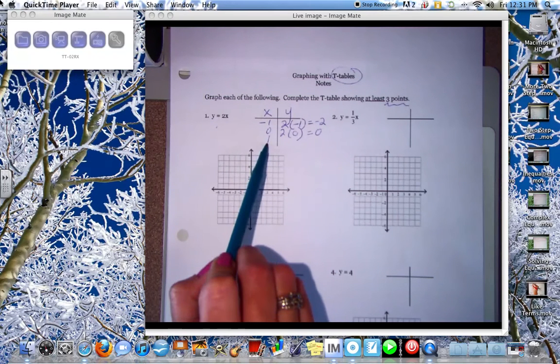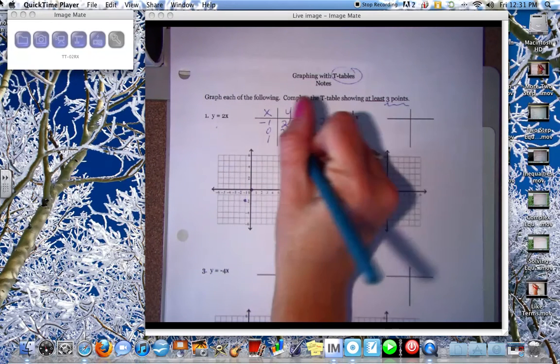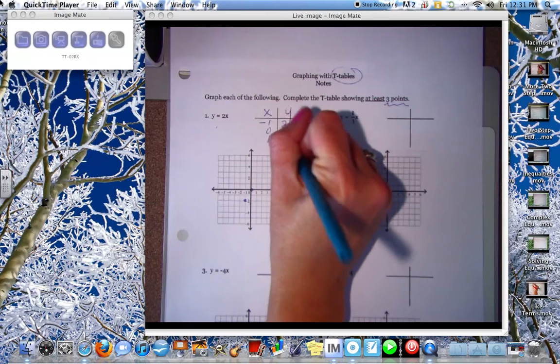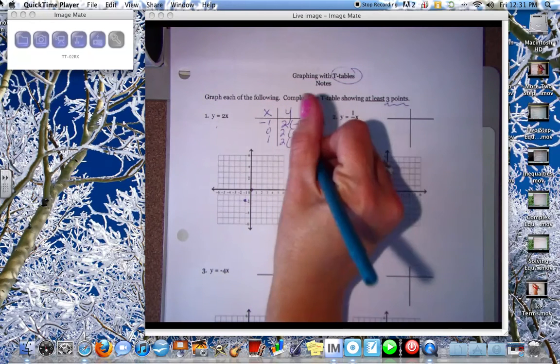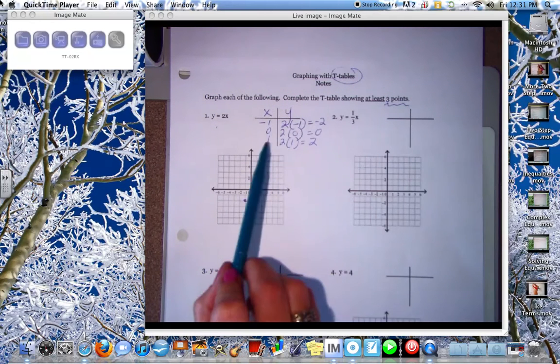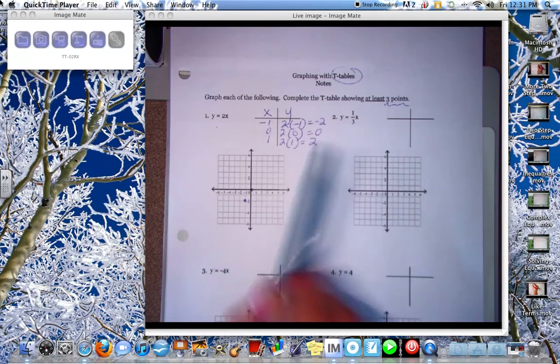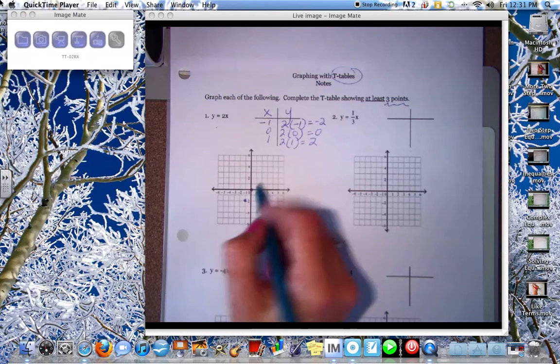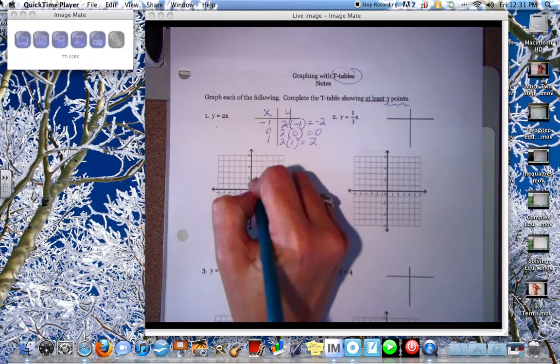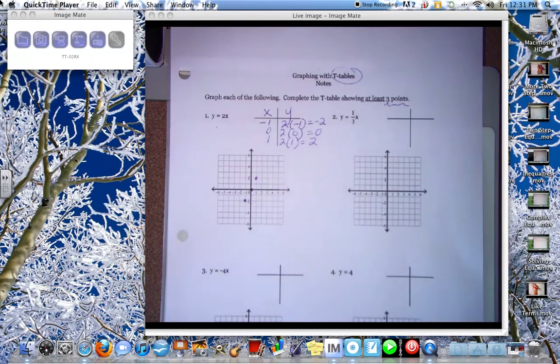Now I'm going to substitute the 1 into the equation. So I have 2 times 1, and that gives me 2. So now my ordered pair is 1, 2. So I go to the right 1 and up 2 and make a point. And then you can draw a line.